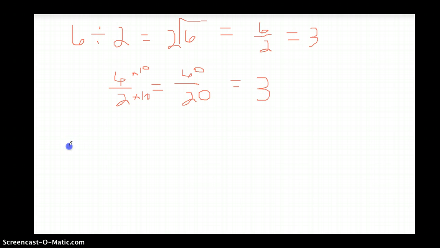What if it was 6/10 divided by 2/10? Well, what I don't like about this is this decimal in my denominator, because we're really talking about in fractions about dealing with wholes, and the bottom number determines how big of a whole you have.